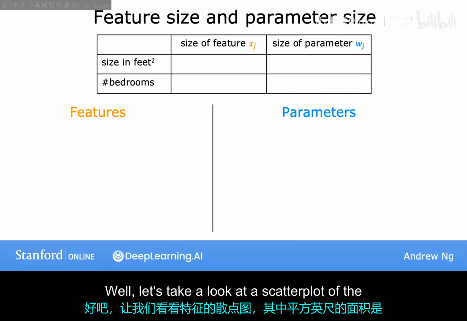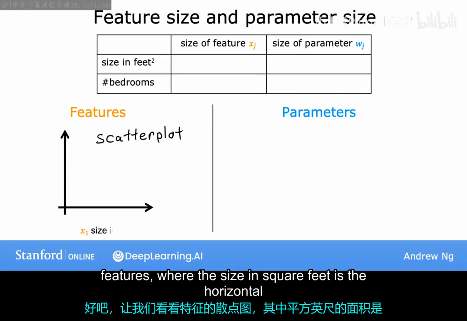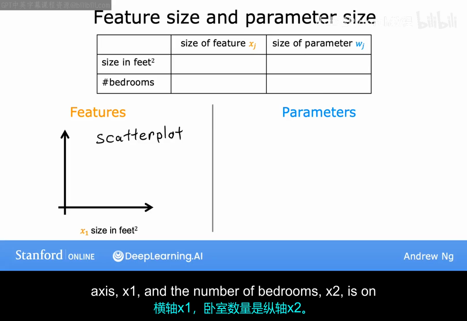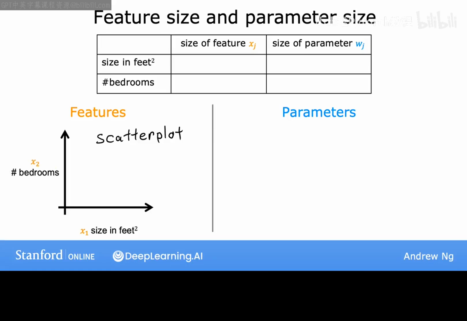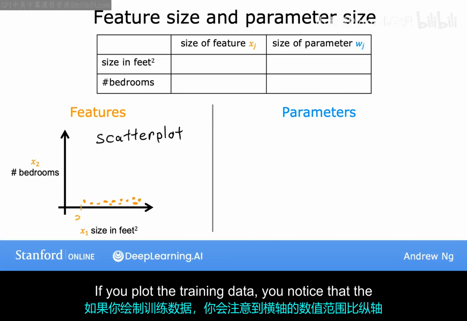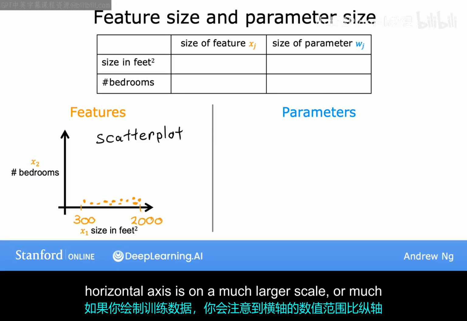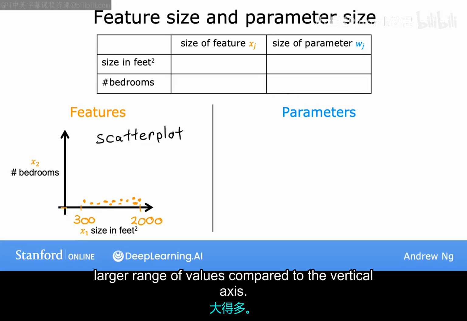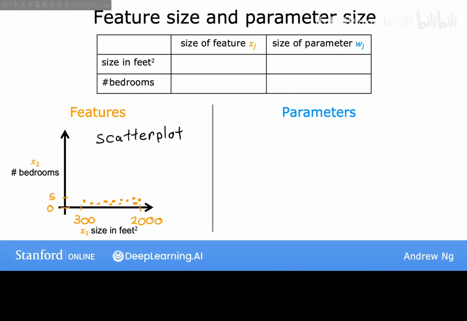Well, let's take a look at a scatter plot of the features, where the size in square feet is the horizontal axis, x1, and the number of bedrooms, x2, is on the vertical axis. If you plot the training data, you notice that the horizontal axis is on a much larger scale or much larger range of values compared to the vertical axis.